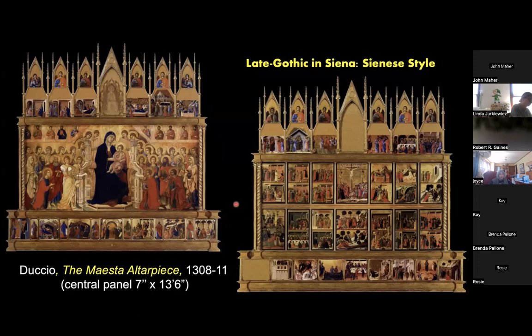The figures are a bit more three-dimensional, although you can see it's still gold leafed everywhere, but also very influenced by the French Gothic. If you remember, we looked at the French Gothic last time, and it was very elegant. There's a real beauty to the French Gothic, beautiful sway and elegant drapery, and that is affecting the Sienese painters. So it's a combination of all of those.